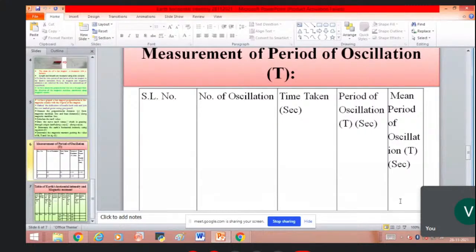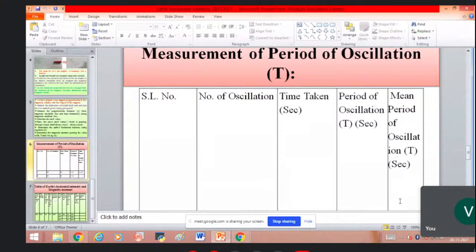And also we have to remove the ferrous or magnetic materials from this table or from the surroundings.